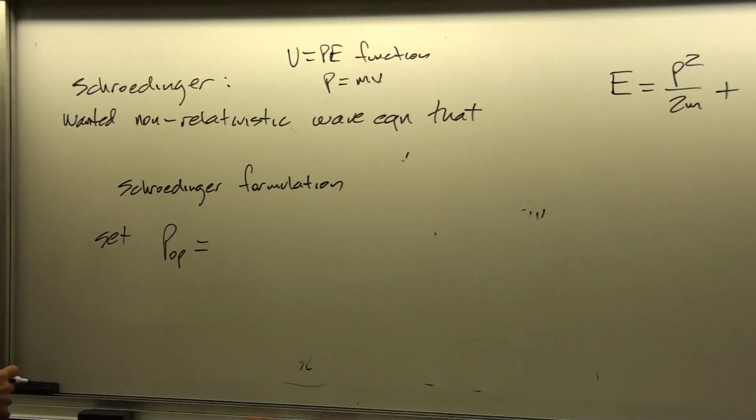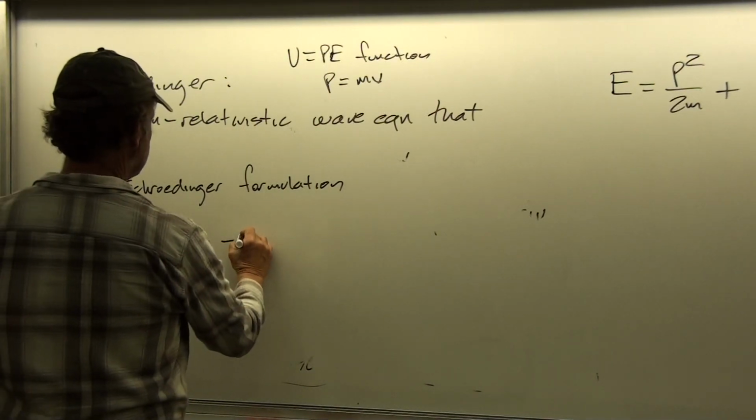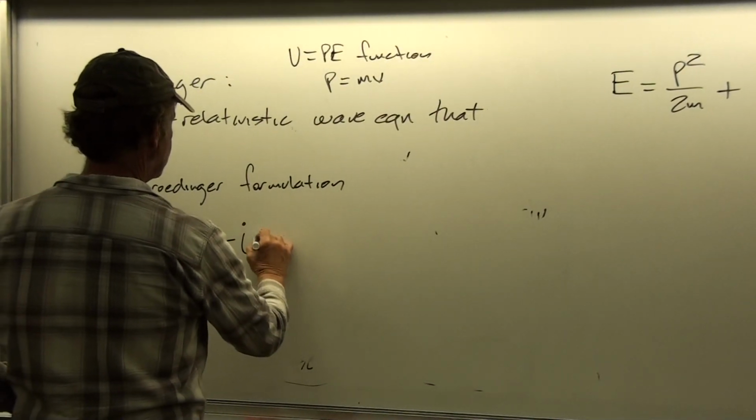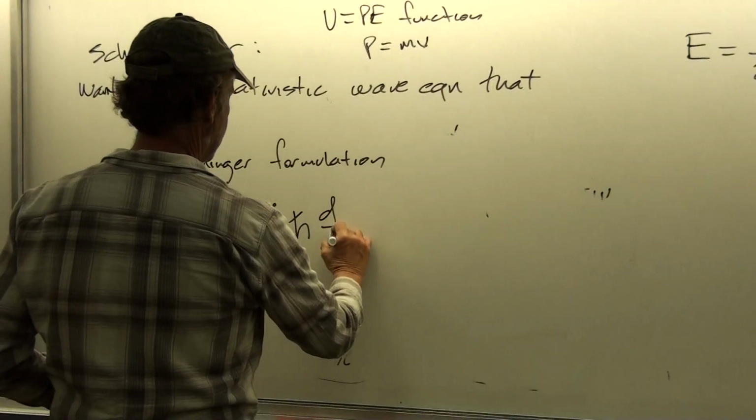He said, imagine that there's a momentum operator. It's equal to minus i h bar d by dx.